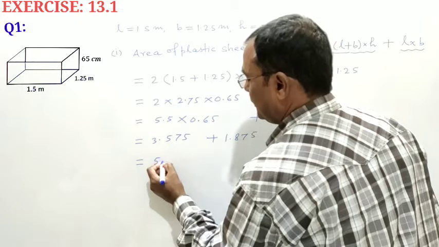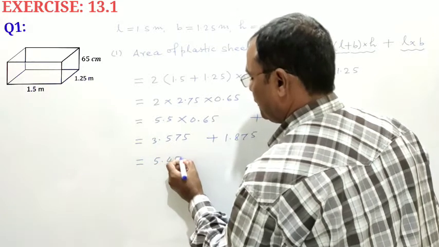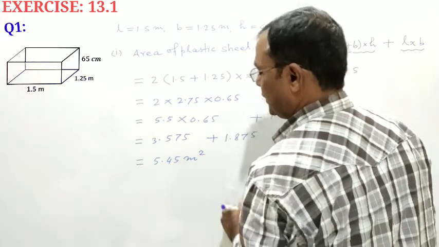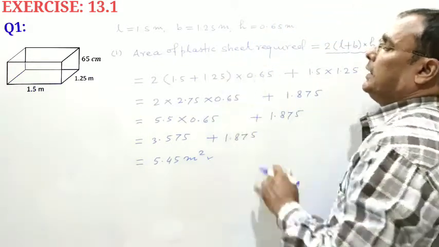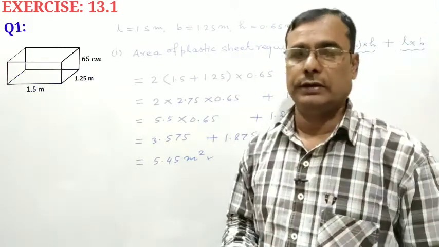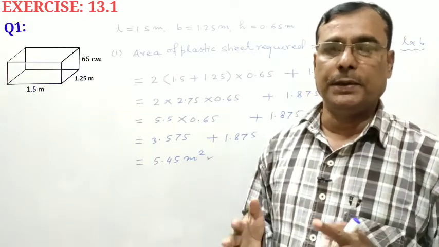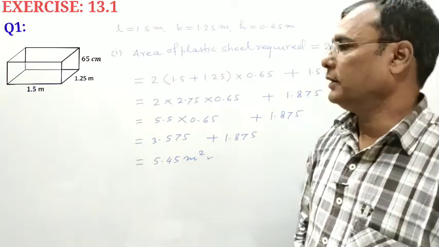This is 5.45 meter square, and this is the area of plastic sheet used in making that open cuboidal box.